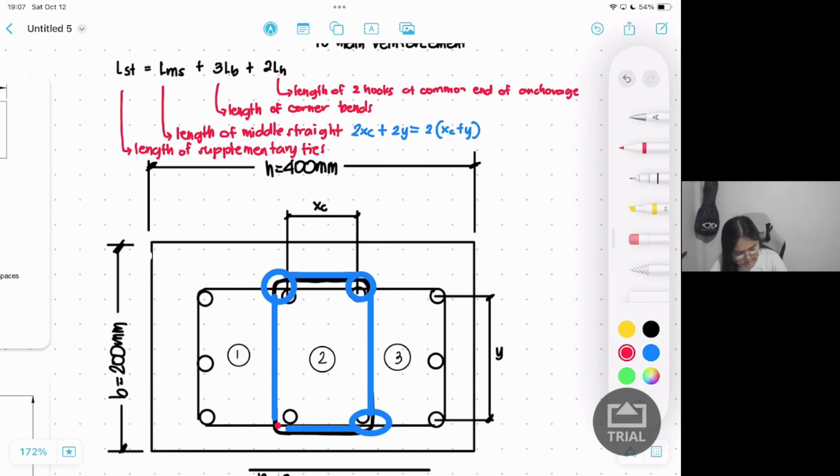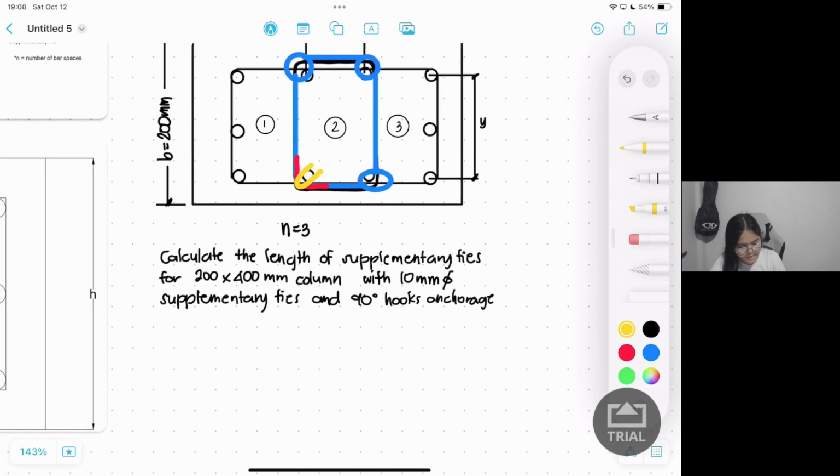So, for example, dito, 90 degrees, meron siyang dalawang ganyan. Okay? So, meron siyang 90 degrees. Or, pwede din siyang 135. So, pwedeng pa ganun siya, guys. Okay? So, depende na lang sa problem kung 90 degree bend or 135 degree.